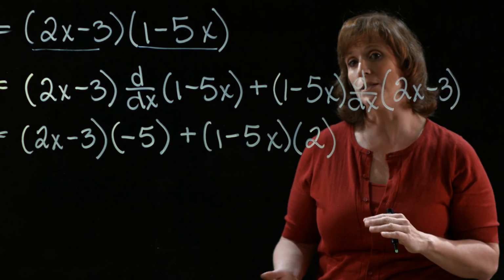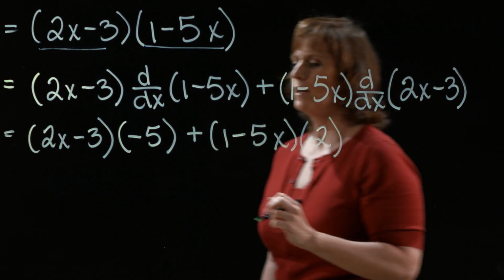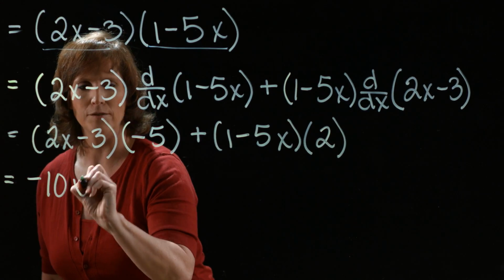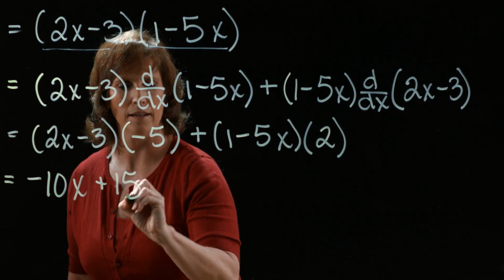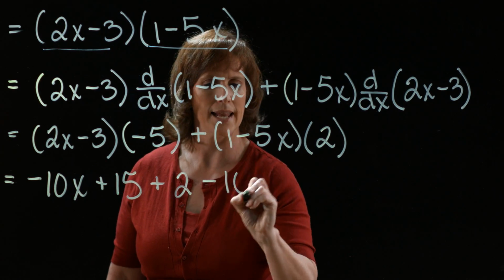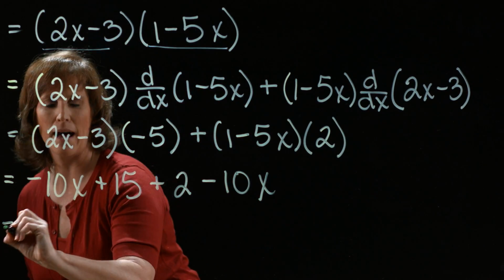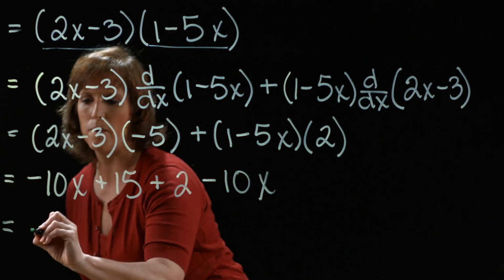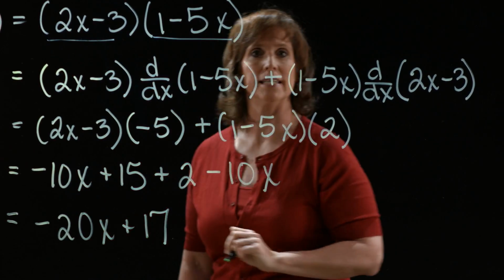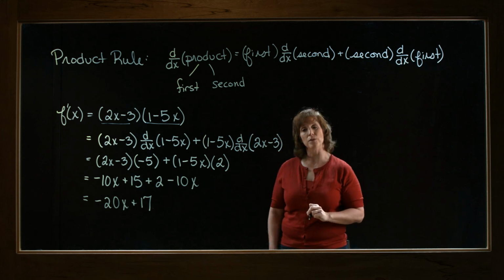The derivative is done at this point, but I really need to simplify. So I'm going to distribute the negative 5. I've got a negative 10x plus 15. I'm going to distribute the 2, and I have a 2 minus 10x, and then combine my like terms together for a minus 20x plus 17. And that's my derivative.